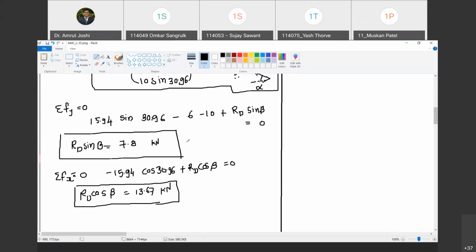Now from these two equations, let me call this equation 1 and this equation 2. Can you find out both the quantities, beta and RD? Yes, easily. If you take the ratio of 1 by 2, that is going to give you what? Tell me. Tan beta is equal to 7.8 divided by 13.67.